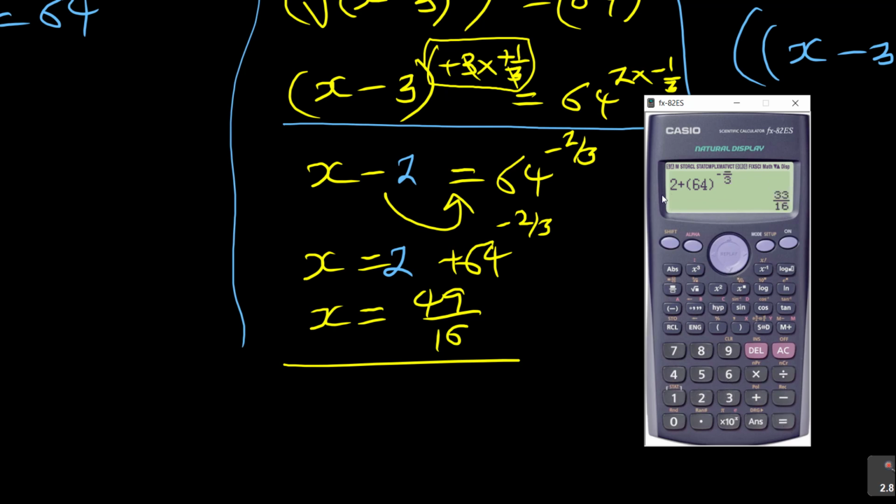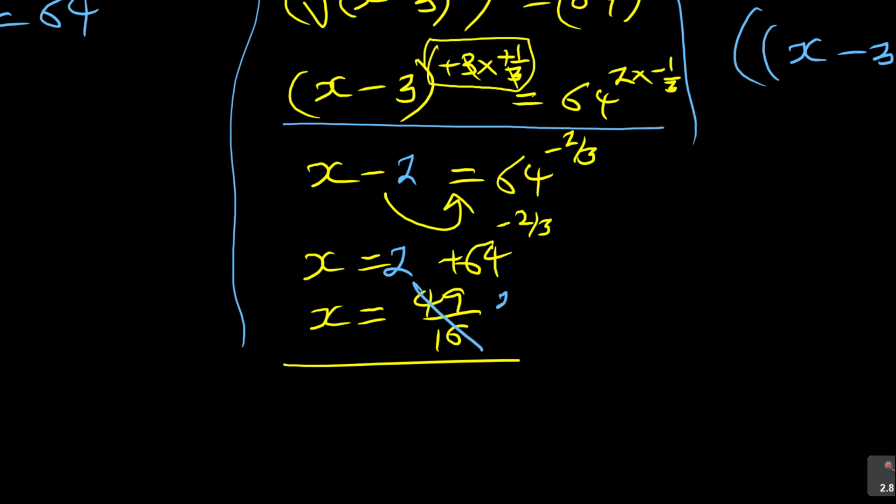Right. 2 plus 64 to the power negative 2 over 3. What am I getting? I'm getting 33 over 16 instead. 33 over 16.